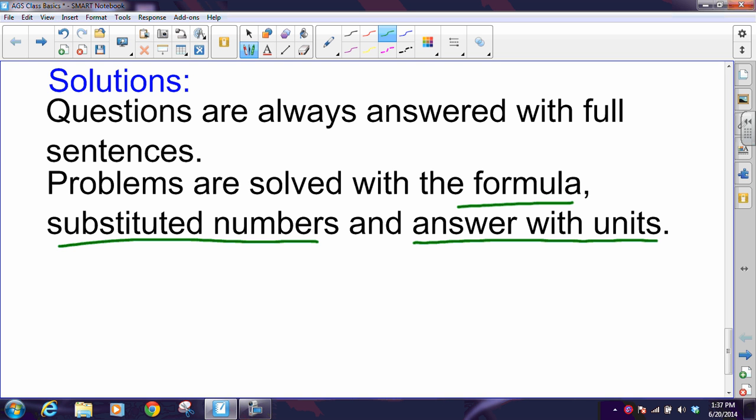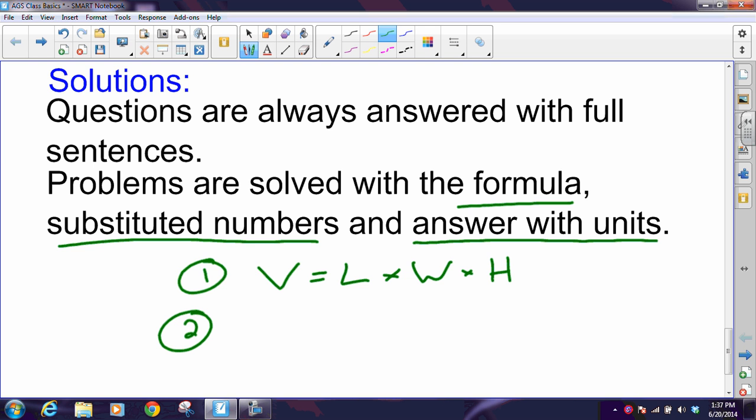Let's say we want to calculate volume, and we know volume for most objects would just be volume is equal to length times width times height. So this would be the first step. This would be step one, you showing us your proper formula. Now step two, we're going to substitute the units here.